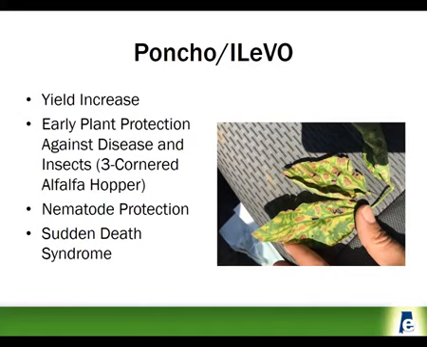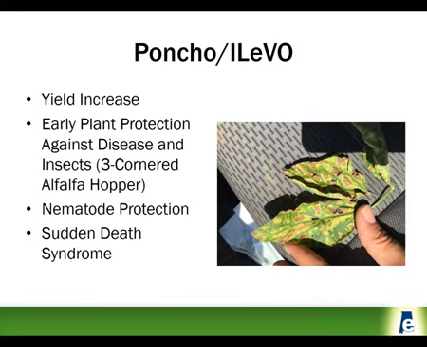And one of the worst ones I've seen is three-cornered alfalfa hopper, and this will give us about 30 days protection against the three-cornered alfalfa hopper. The Votivo portion will help us suppress nematodes. Now, our indeterminate varieties, most of them have cyst resistance, but they do not have reniform or root knot nematode resistance.